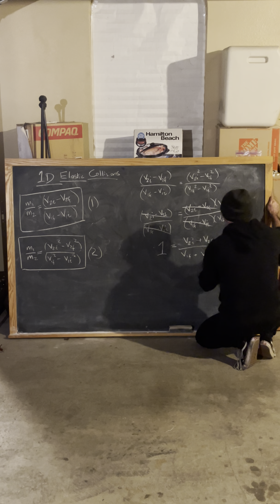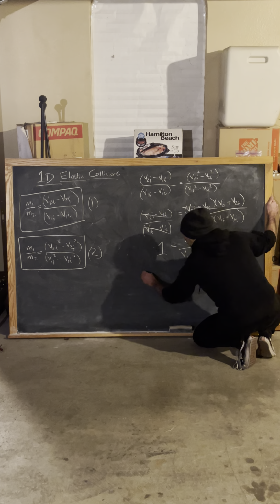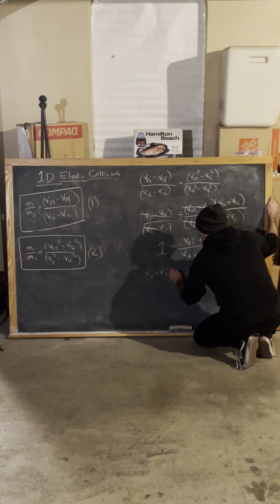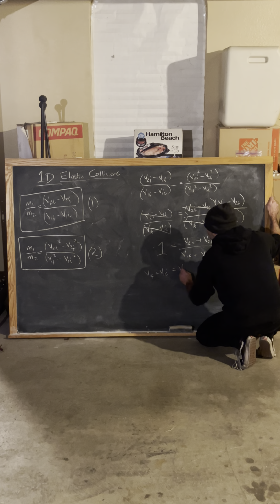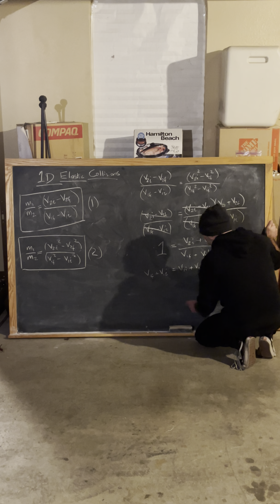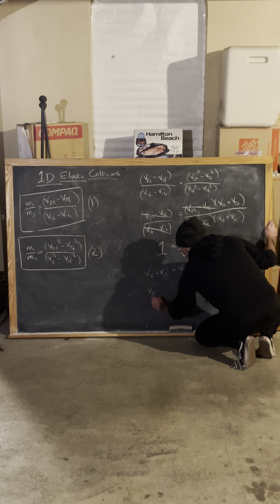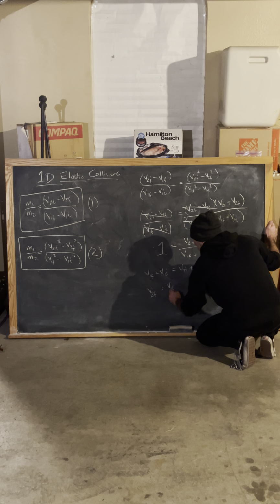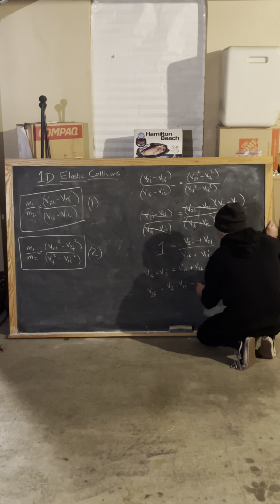So now, multiplying both sides by the denominator, we have v1f plus v1I is equal to v2I plus v2f. Now solving for v2f, this gives us that v2f is equal to v1f plus v1I minus v2I.